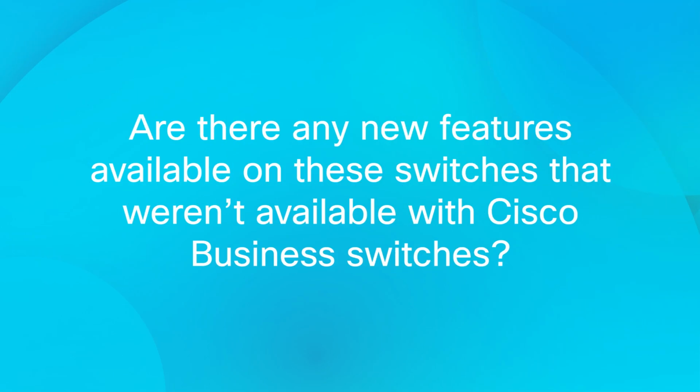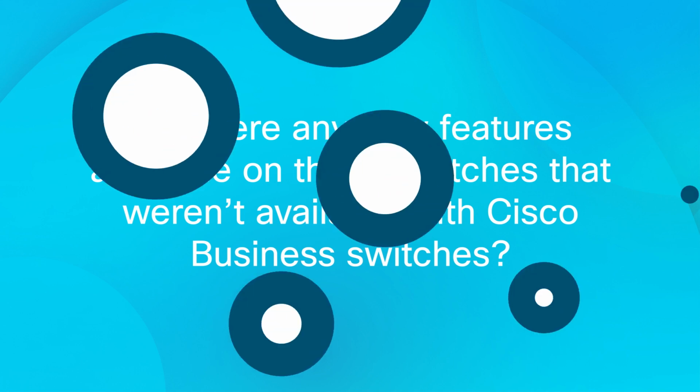Are there any new features available on these switches that weren't available with Cisco business switches? Yes. Auto Surveillance VLAN, ASV, comes on both the 1200 and 1300 models. Network communication between surveillance devices, such as cameras and monitoring equipment, is often given higher priority.